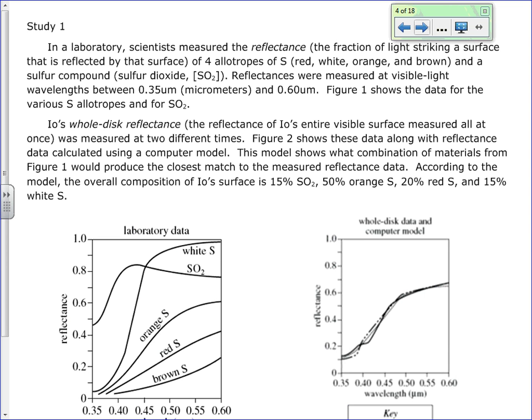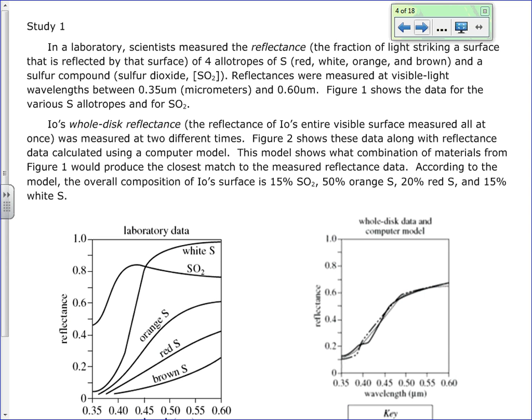Figure 2 shows the reflectance data calculated to create their model. This model shows a combination of materials in figure 1 will produce the closest match to the measured reflectance data. According to the model, the overall composition of Io's surface is 15% SO2, 50% orange dust, 20% yellow, and 15% white dust.